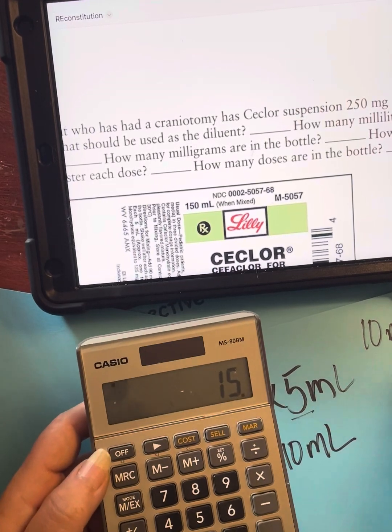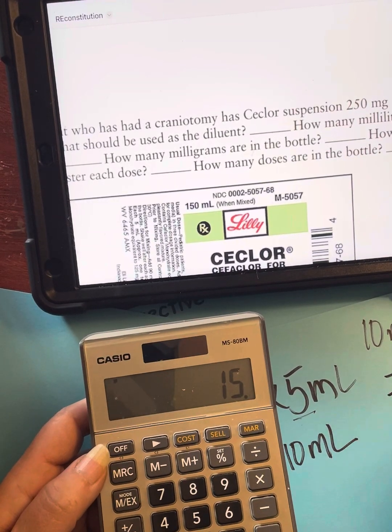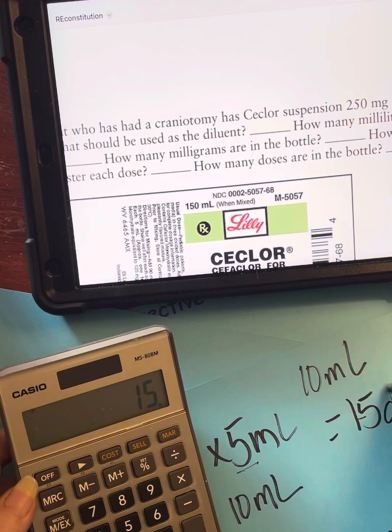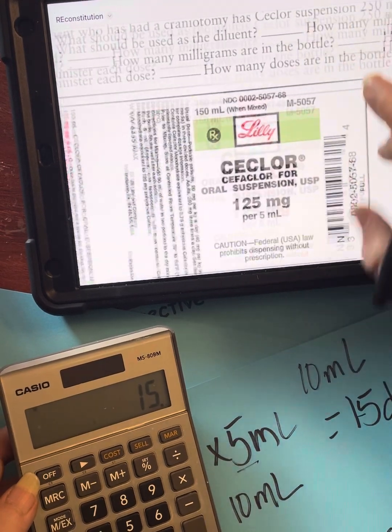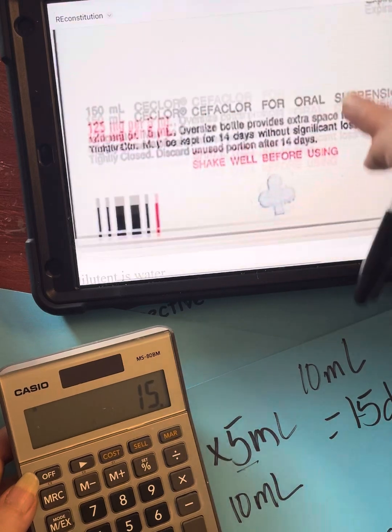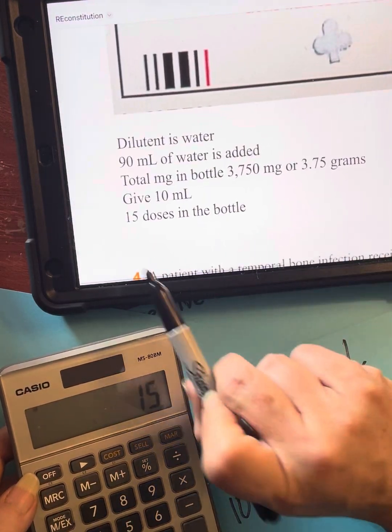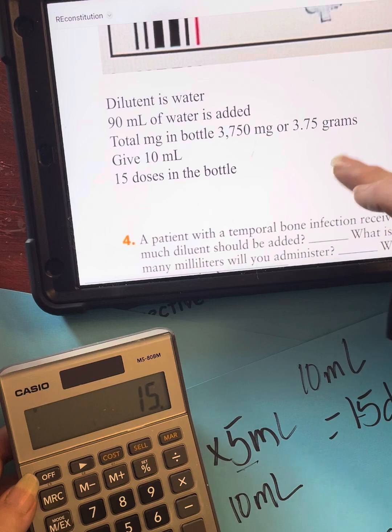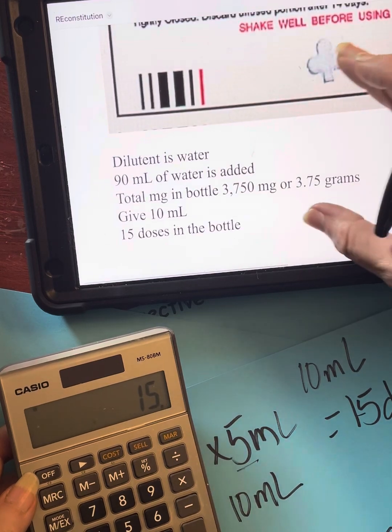There are 15 sets of 10, so there is 15 doses in that bottle. Lord, don't let me just have done a Jedi mind trick on them. 15 doses in the bottle. Okay?